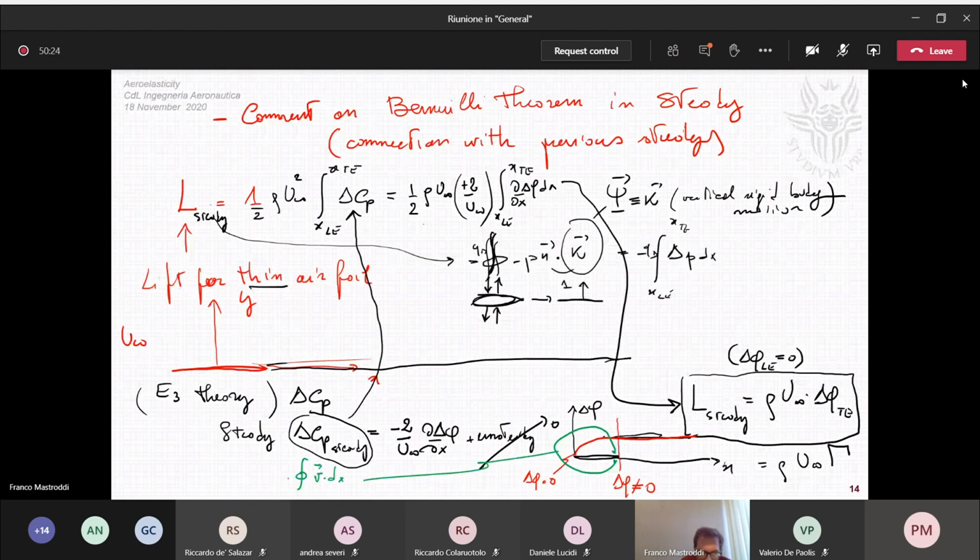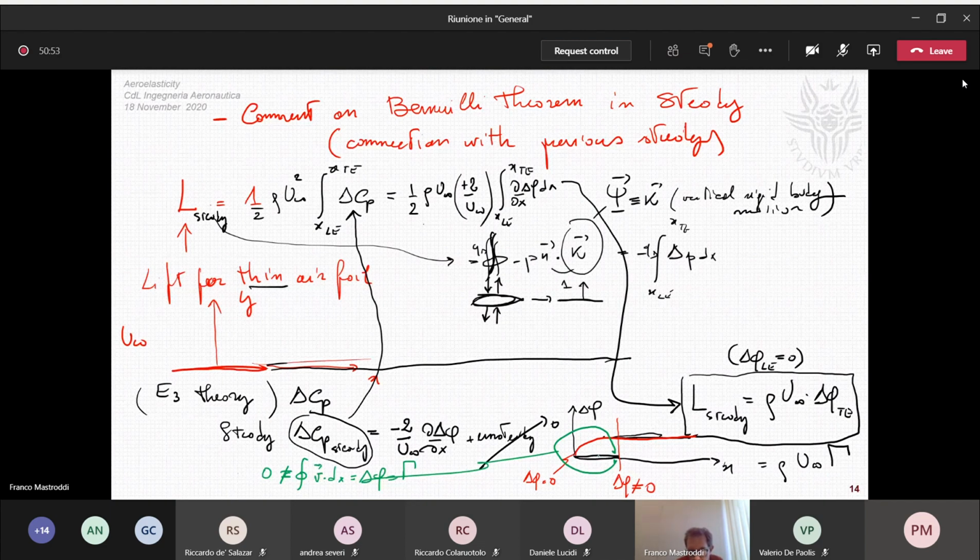In this case it is not equal to 0, and it is equal to delta phi, phi 2 minus phi 1. And what is this? This is gamma, the vortex. Which vortex? The equivalent vortex, which is here in the place of the wing.